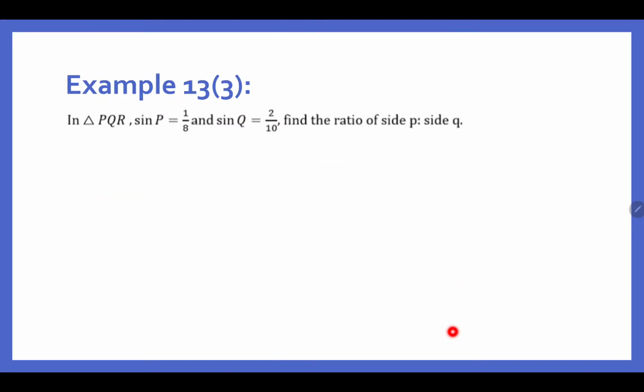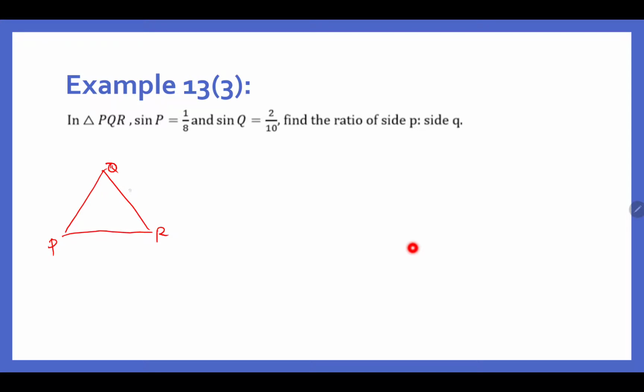Okay, let's proceed with question number 3. In triangle PQR, sin P equals 1 over 8, sin Q equals 2 over 10. Find the ratio of side p to side q.